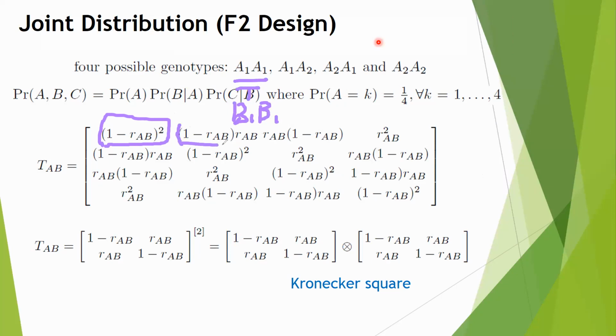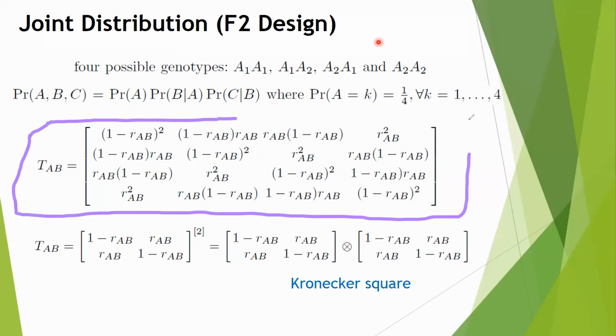And this is the probability from state 1 to state 2, which is B1, B2. Very good.